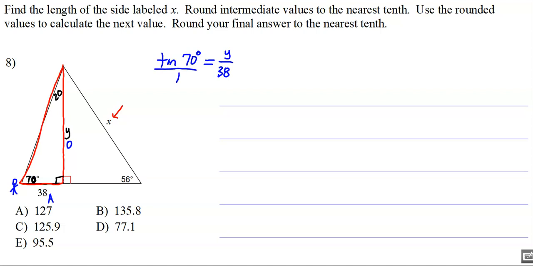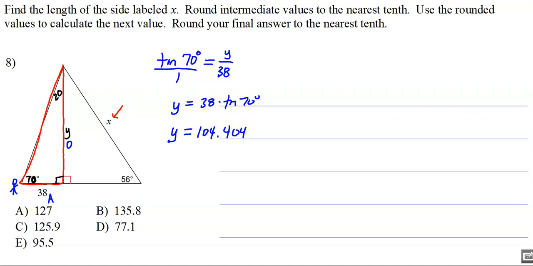And I'm going to put a 1 under there and cross multiply. So y is 38 times the tangent of 70 degrees. And I get y is 104.404, blah, blah, blah.